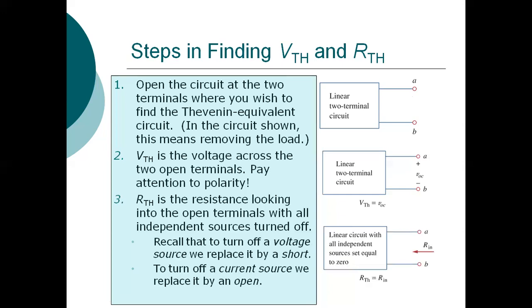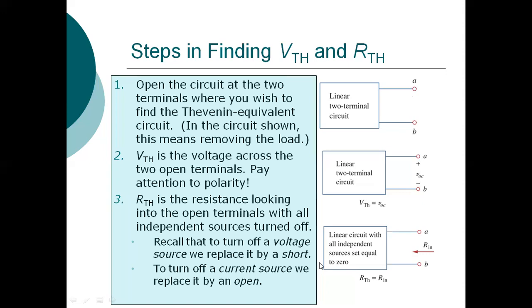Then RTH. For finding the RTH, it is the resistance looking into the open terminals after removing the load resistance, with all the independent sources turned off. Recall that to turn off a voltage source, we need to replace it by a short circuit, or if it has a certain internal resistance, replace that voltage source by its internal resistance.